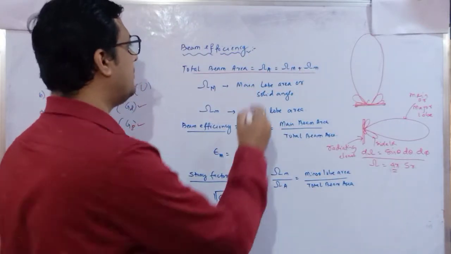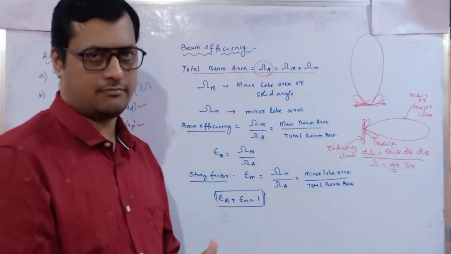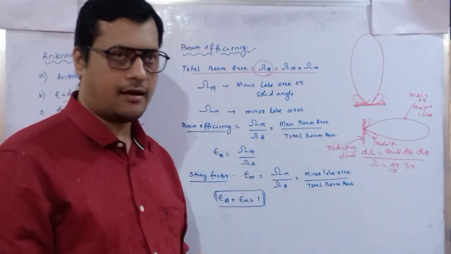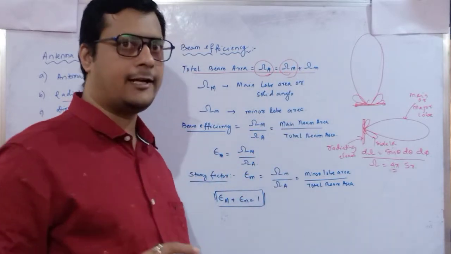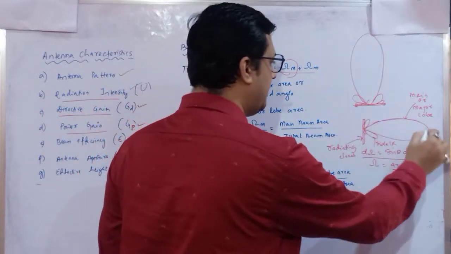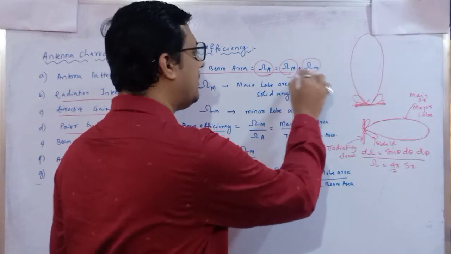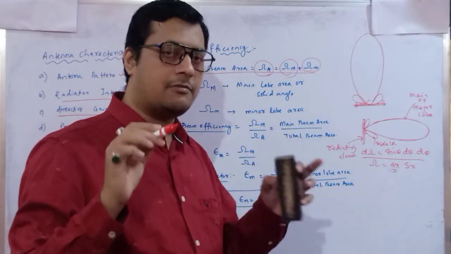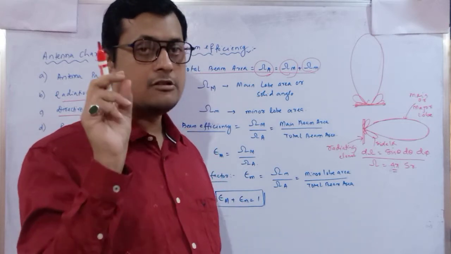Here omega suffix A is the total radiation area, the total beam area, and omega suffix capital M indicates the area covered by the main lobe, plus omega suffix small m. Omega suffix small m means it is the solid angle for the minor lobe or the small lobe.